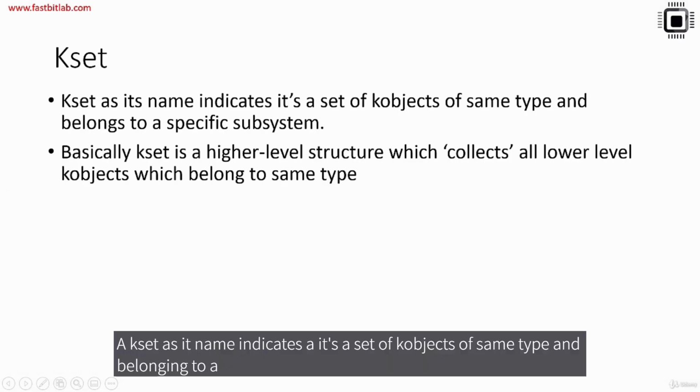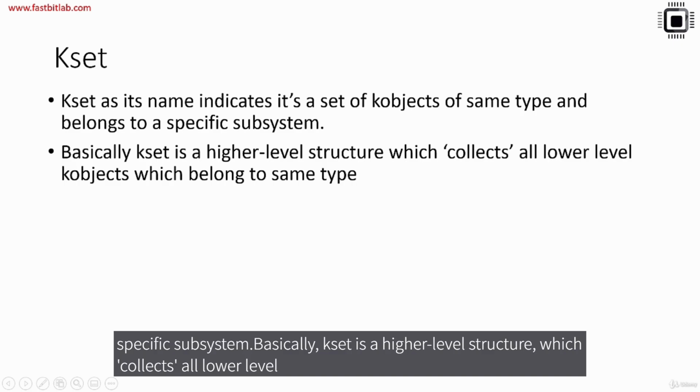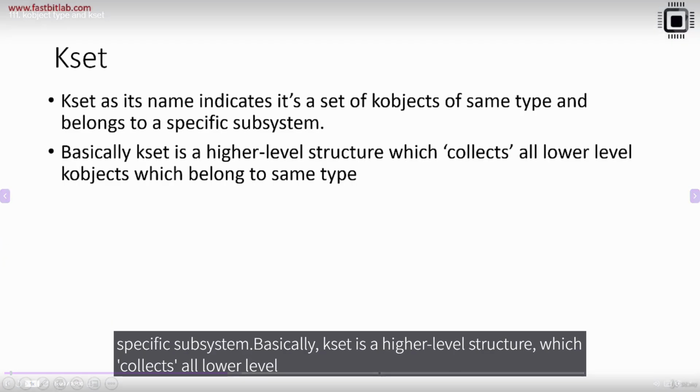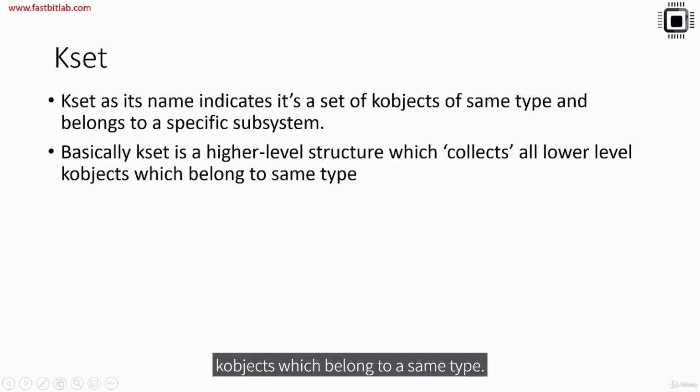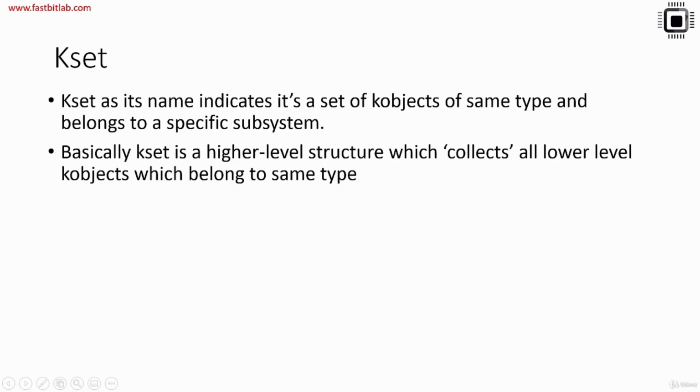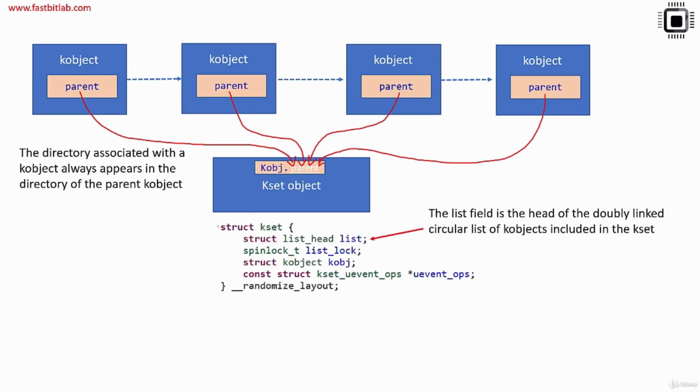Now let's explore ksets. A kset, as its name indicates, is a set of kobjects of the same type and belonging to a specific subsystem. Basically, a kset is a higher level structure which collects all lower level kobjects which belong to the same type. See this image.